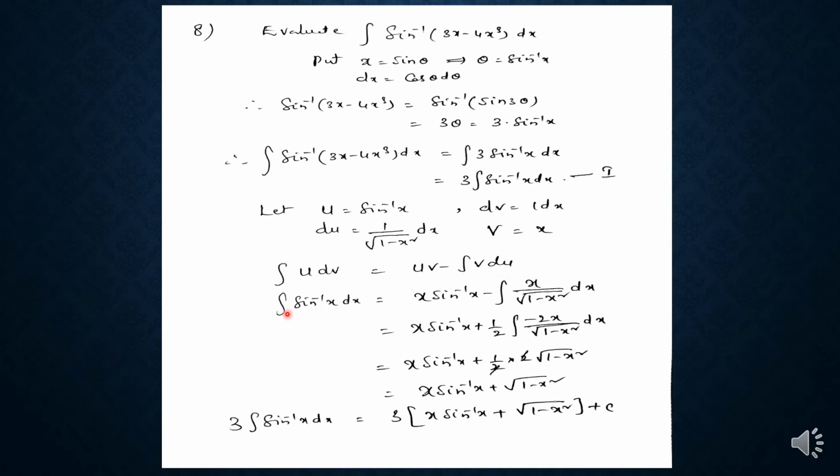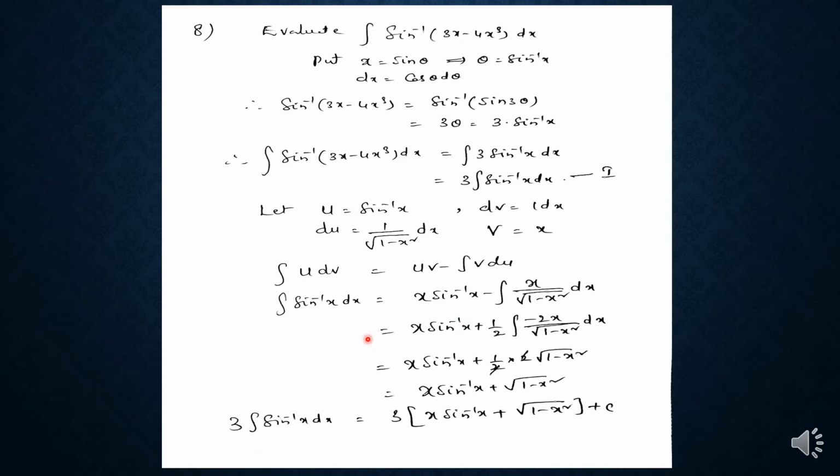The integral of sine inverse x dx is equal to, what is u here? u is sine inverse x, v is x, so that is x into sine inverse x, minus integral v du, x into 1 by root of 1 minus x square dx.